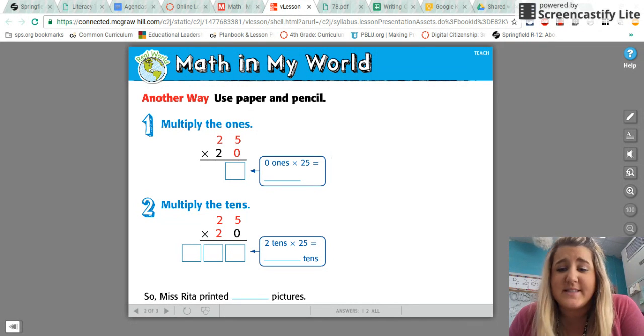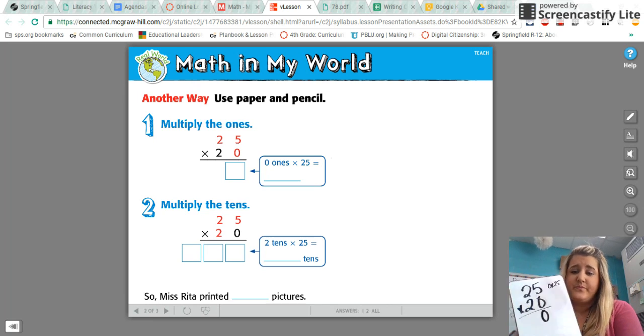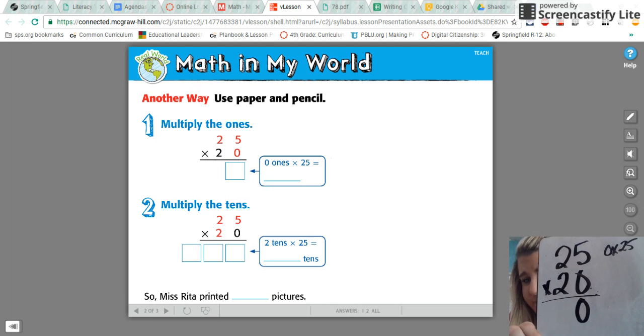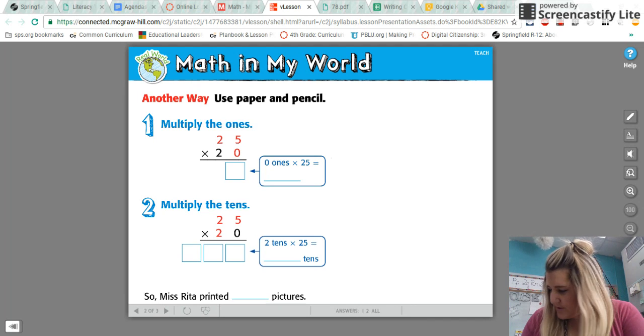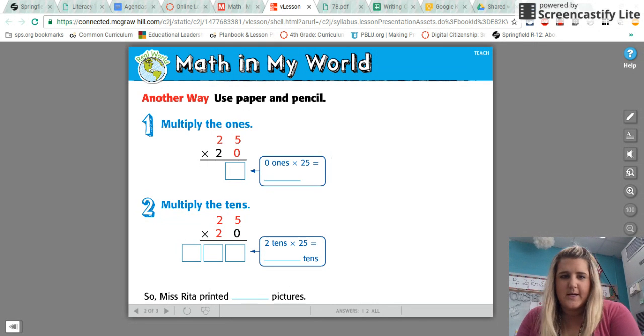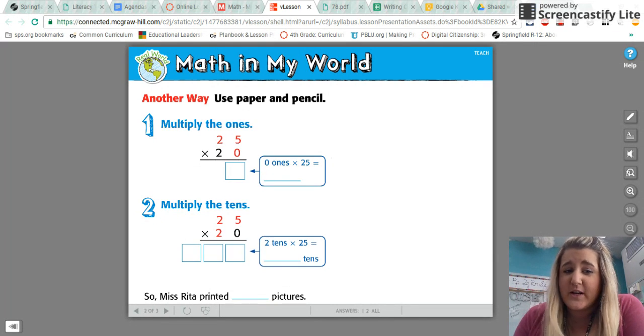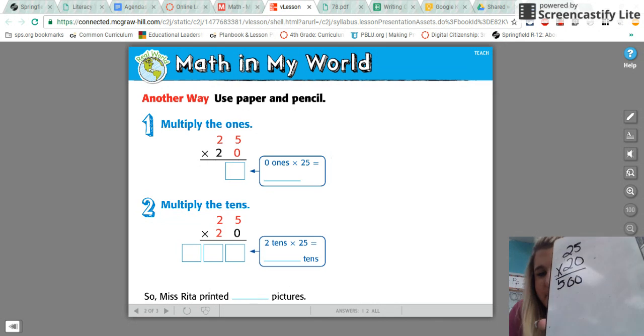What is 0 times 25? Anything times 0 is 0. Next, we have to multiply the tens. So 25 times 20, that's 2 tens times 25. We just figured out that that's 50, or 500 when we add it all up.